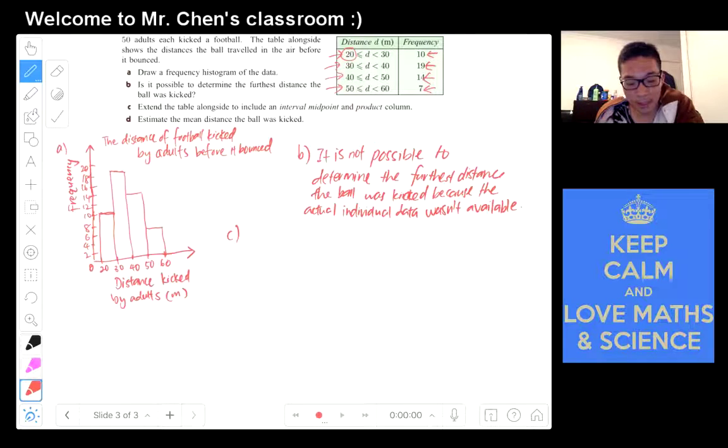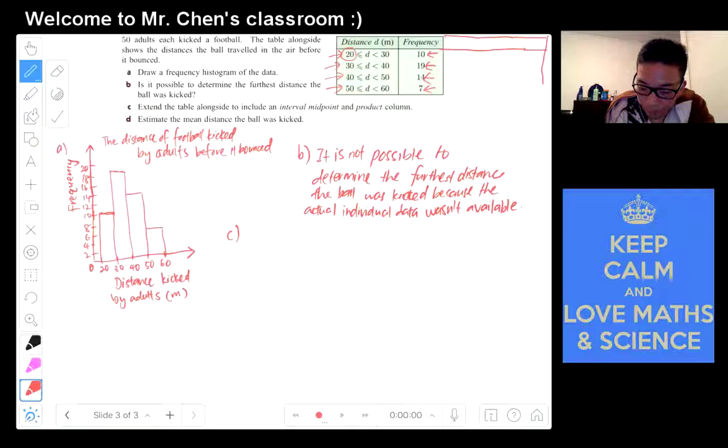And C, extend the table alongside to include mid-point interval and product column. So that's quite easy, so just follow, again, use rulers, follow the previous example. Okay, so interval midpoint.